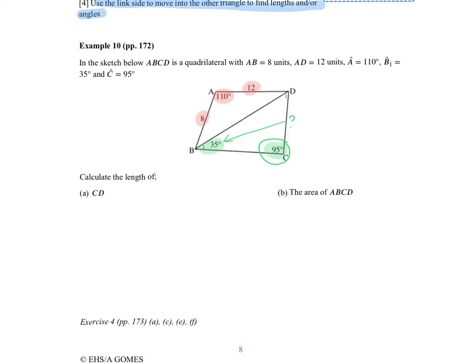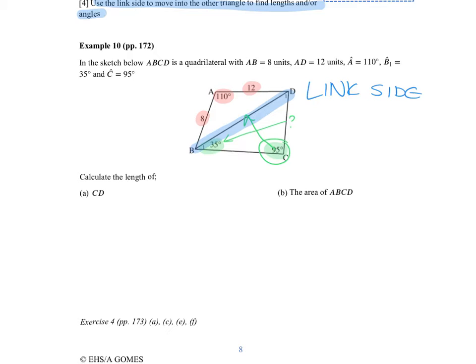But in order to work out a side, I need another side at least. So let's try to see if we can get BD. Now, if you notice, BD is the overlap between the bottom triangle and the top triangle. So that's what we call our link side. So if we can work out BD using the majority of the information which is at the top, then we can use BD in the bottom triangle to find DC.